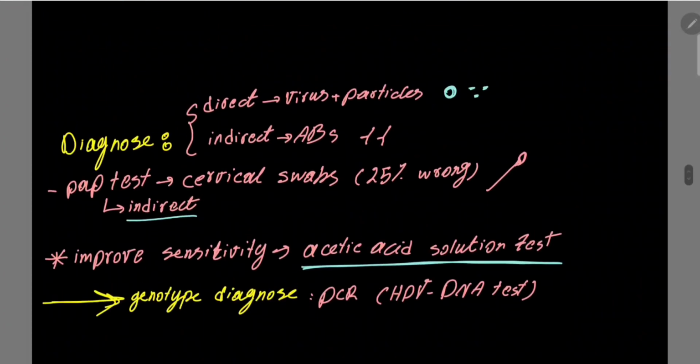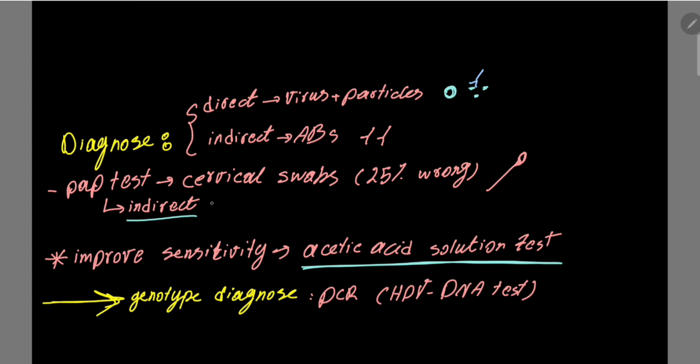For the diagnosis, we use the pap test, but first we can say we have two kinds of diagnoses. One of them is direct, in which we are searching for the virus itself or its particles directly. The indirect is for antibodies which have been attached to these particles, so we are indirectly searching for these antibodies.